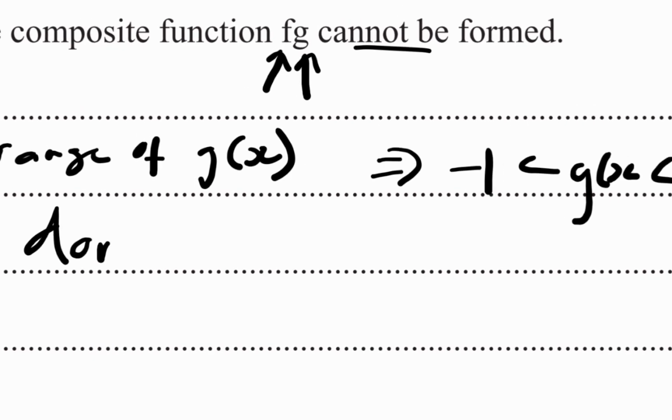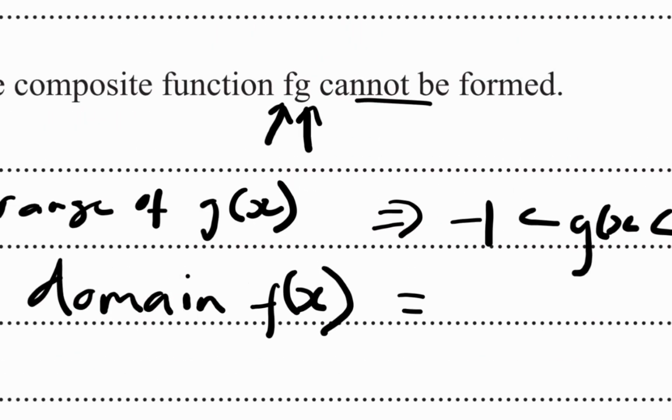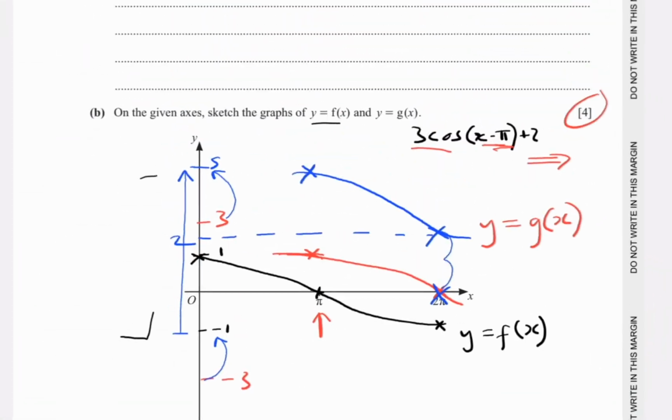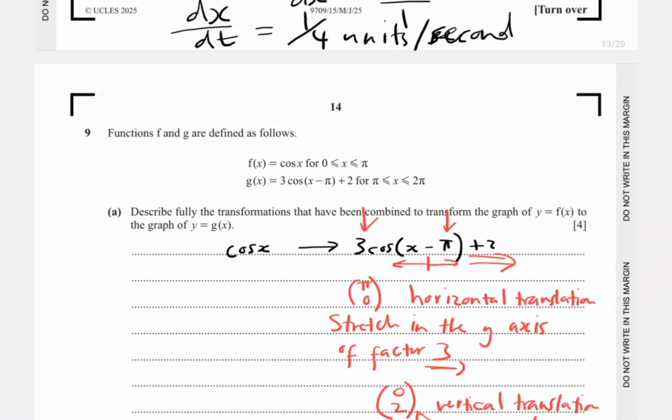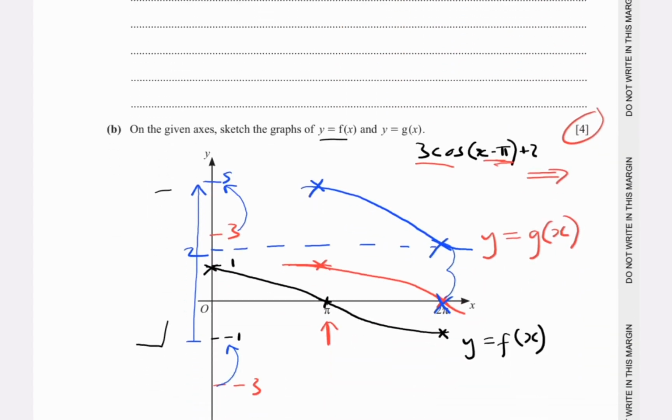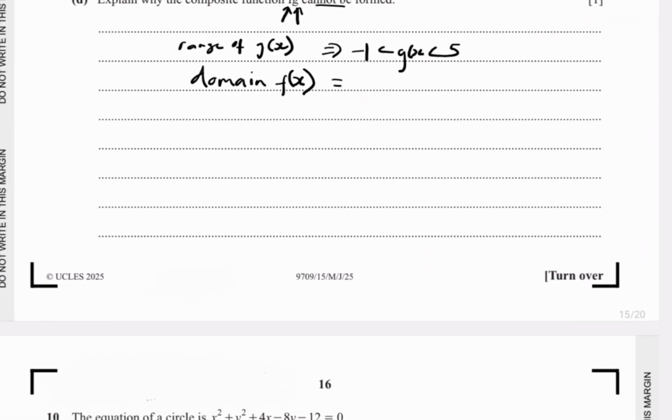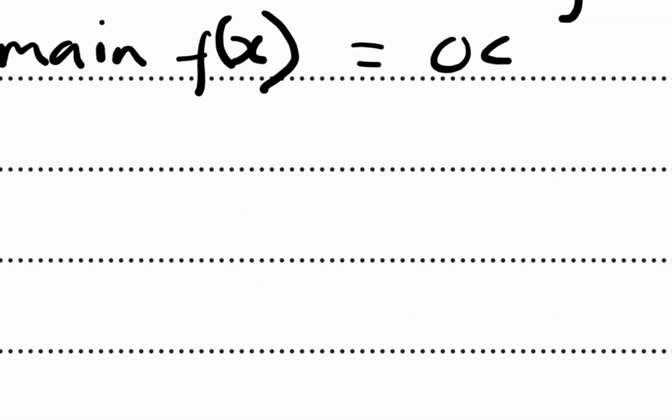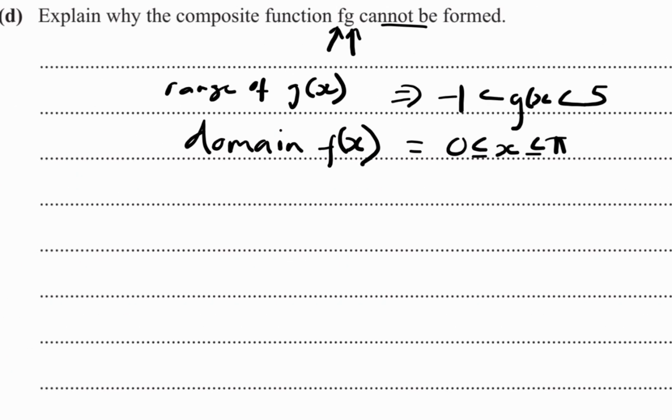And the domain of f of x, it's given is 0 less than x less than pi. So it's 0 less than or equal to x, which is less than or equal to pi, right?